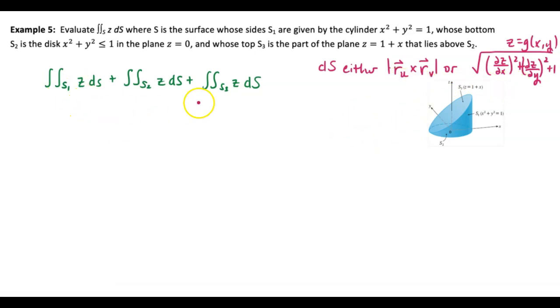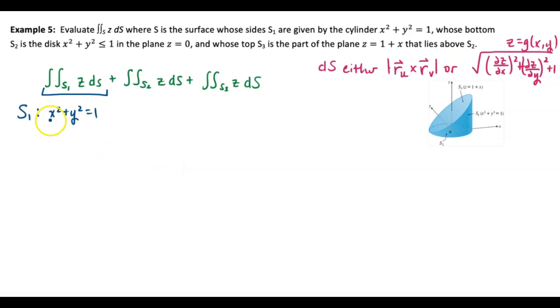We also need to find our bounds, which get a little bit strange when we have multiple surfaces. And so let's start with S1. So S1 is our cylinder x squared plus y squared equals 1.